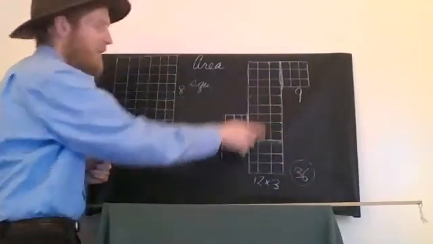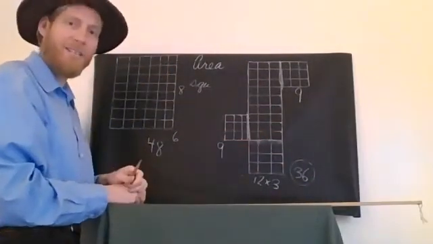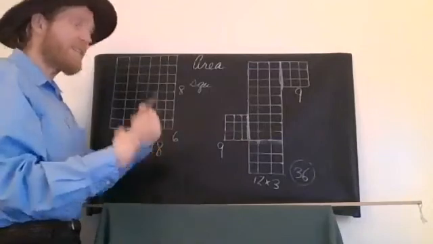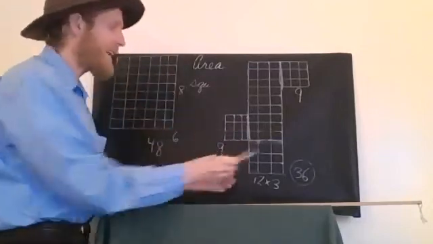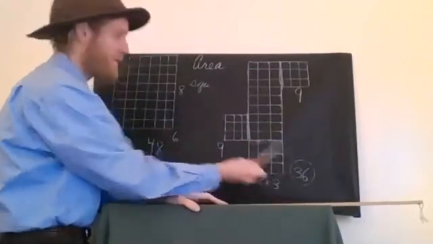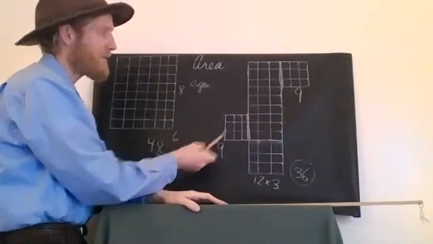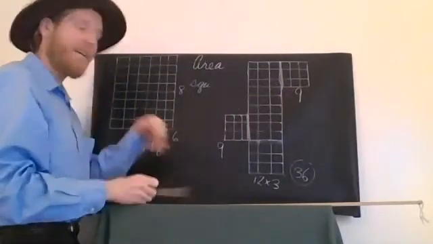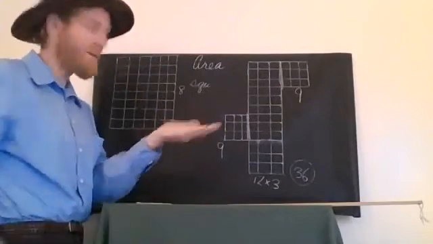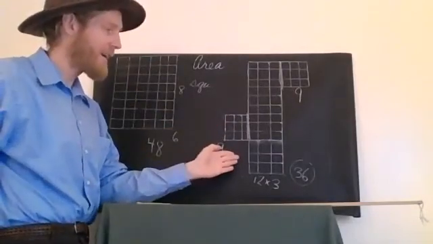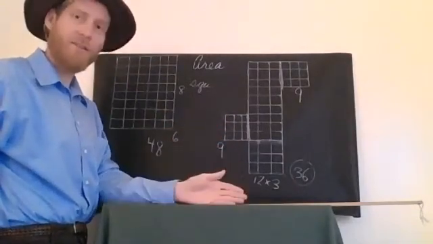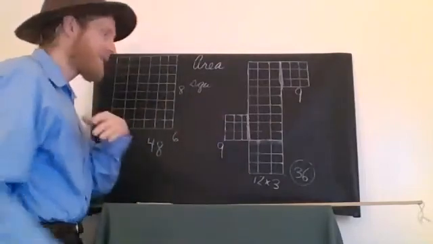The area of this shape is 36. So to get the entire shape, I could add 36 plus 9 for this part, plus 9. And I could get a total, and that would be the total area. Let's say it were inches, and I'd put square units.